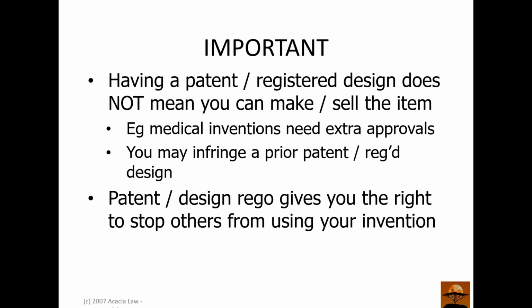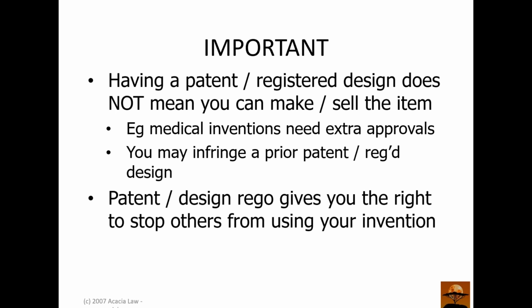And so this is the note that I mentioned earlier. Having a patent or registered design does not mean you can make or sell the item. Now, a patent is usually for an item, but it can also be for what they call a method of manufacture, a way of making or creating items. So, for example, if you have a patent for a medical invention, you're going to need extra approvals before you sell whatever it is, your new drug.